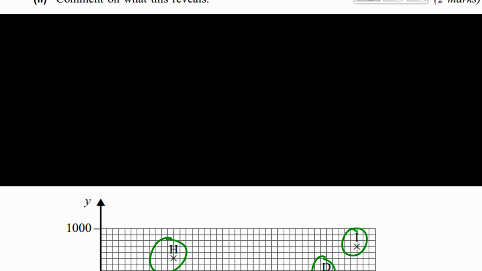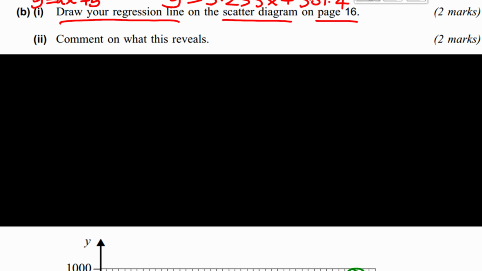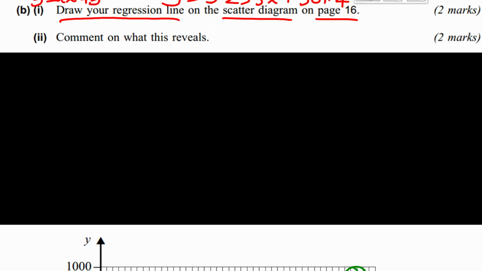Now let's go and look at the final part of this question. Here we go. Comment on what this reveals. I would start this normally with a comment statement along the lines of the regression and the changes.